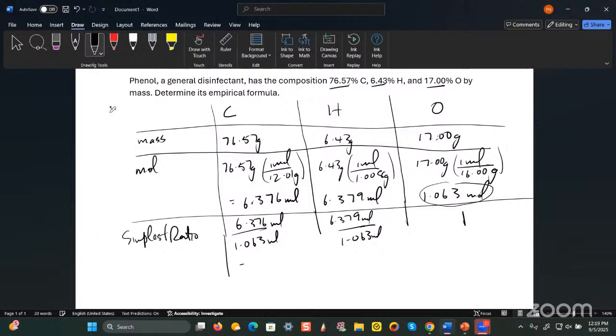In the case of carbon, that would be 6.376 divided by 1.063, and according to my calculation, when rounded off to 4 sig figs, that gives you 5.998. In the case of hydrogen, we divide 6.379 by 1.063, and this works out to be equal to 6.001.